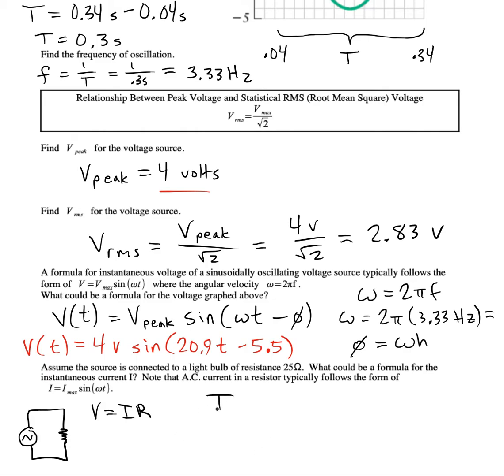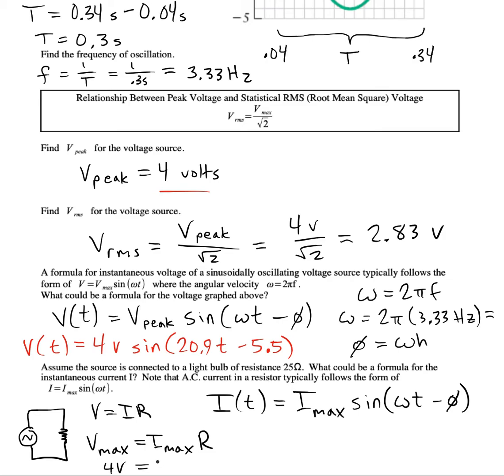All right, the formula we're looking for now is I of t equals I max sine of omega t minus the phase difference. And we really have everything we need here except for the max current. So let's adapt our formula to deal with the maximum quantities. Now we can plug in our maximum voltage, 4 volts, and plug in our R of 25 ohms.